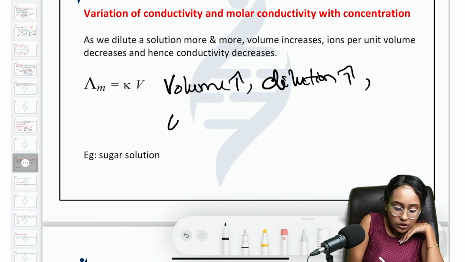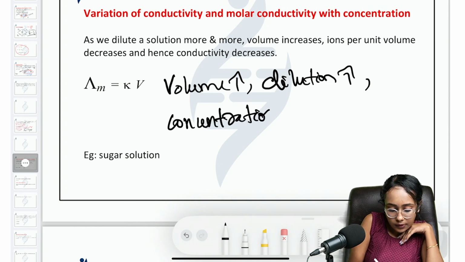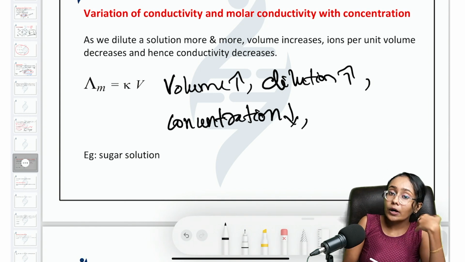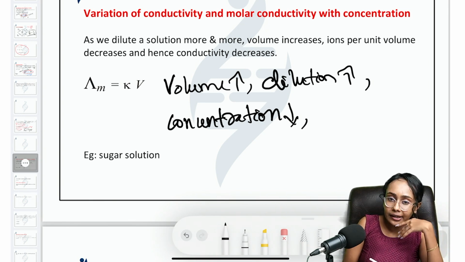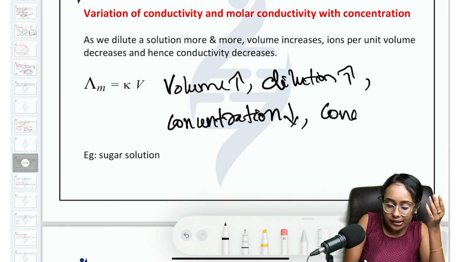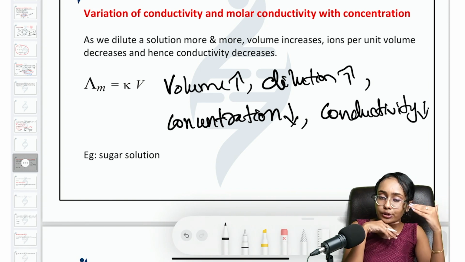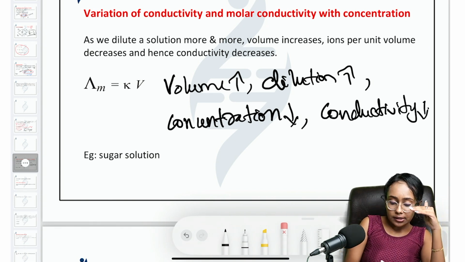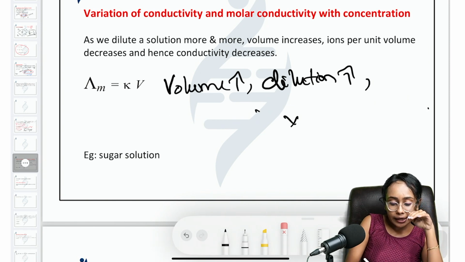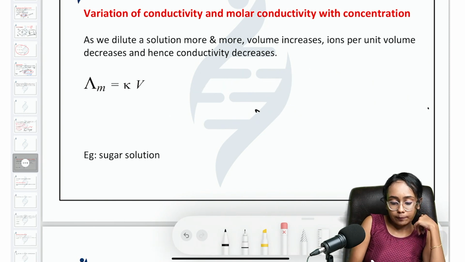So the concentration decreases. What about the conductivity? Conductivity also decreases. So from this we can come to a conclusion that as concentration decreases, conductivity decreases. As concentration increases, conductivity increases.